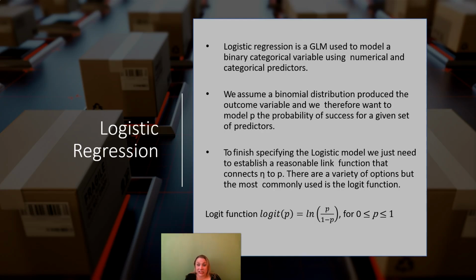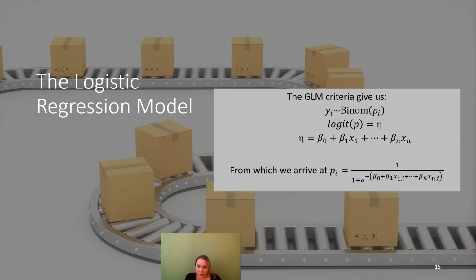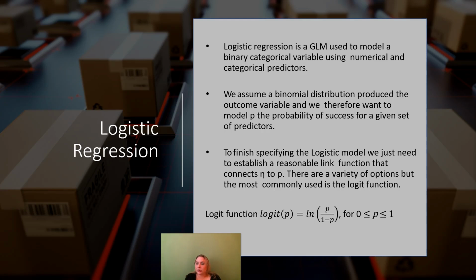Logistic regression is a generalized linear model that is used to model binary categorical variables using numerical and categorical predictors. Similar to ordinary least squares regression or multiple linear regression, we can use continuous or categorical variables as predictors. We can assume a binomial distribution is produced by the outcome variable, and therefore we want to model the P, or the probability of success, for a particular set of predictors.